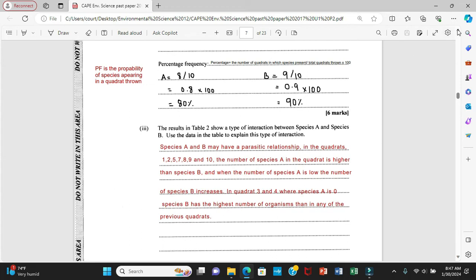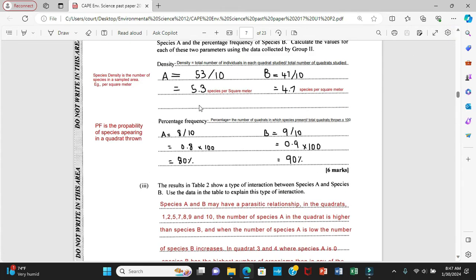Alright, if you compare both of them, the density and the percentage frequency, you see they are different. In terms of density, species A has more plants than species B overall. But in terms of percentage frequency, species B may not have a lot of plants, yet almost every time you throw, it will appear.